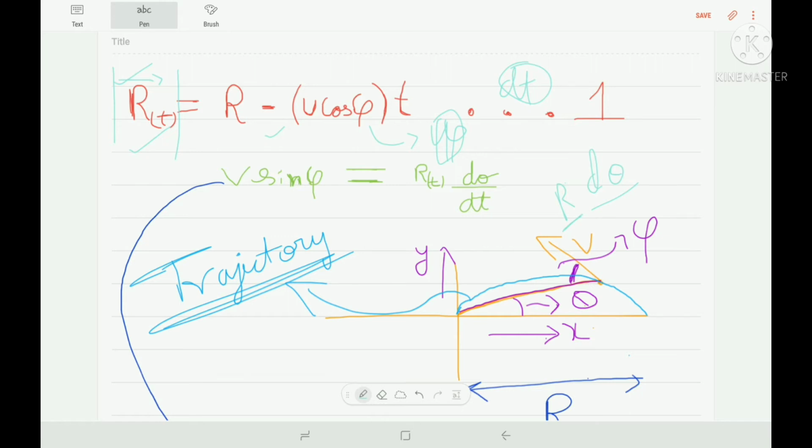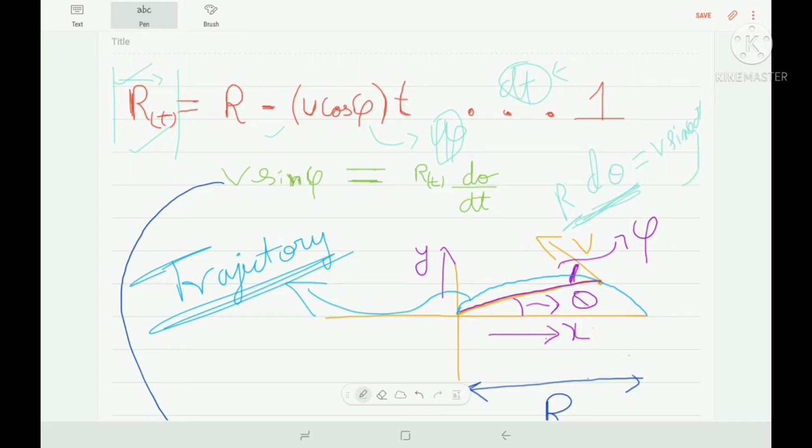Now as dt tends to 0, this approximation tends to be perfect. So I can safely assume this thing as the distance traveled by the insect in the time dt, that is tangential to its position vector, and I can say this as v sin(phi) dt.